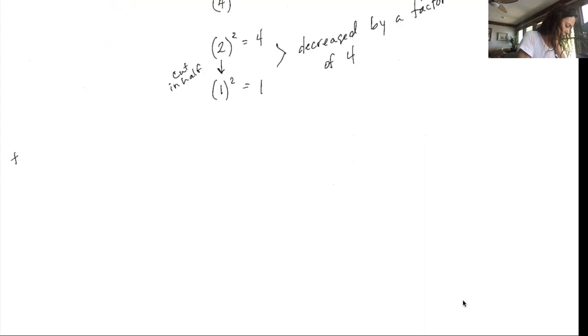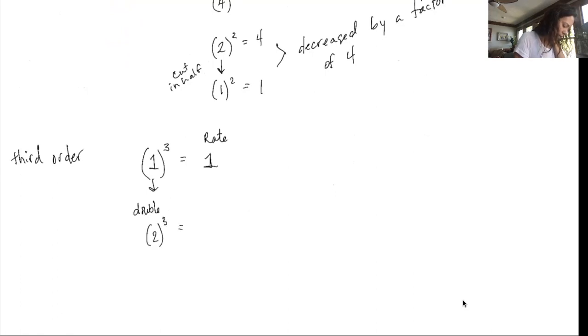Let's look at third order. All right. Well, let's say that we have a concentration of 1 and it's third order. That gives us a 1, okay, as our rate. Let's double and make it 2 to the third.